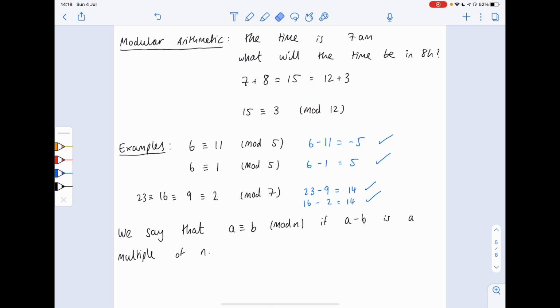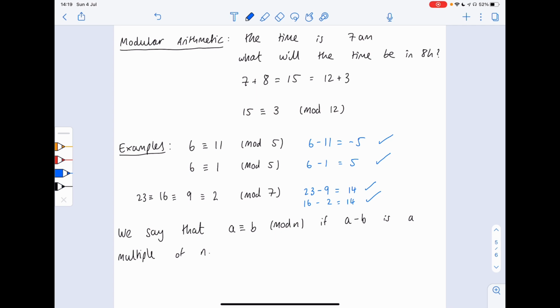But equivalently, two numbers are the same mod 5 if their difference, so 6 minus 11 in this case, is a multiple of 5. So these are the same definitions. So don't worry if you don't have a complete understanding of what this means. But if you get the basic idea of what we're talking about, that will be enough.